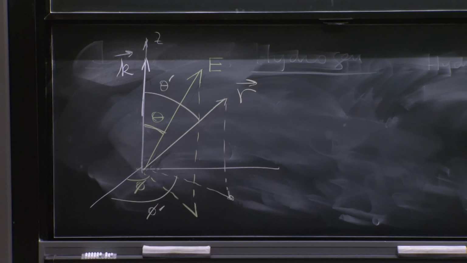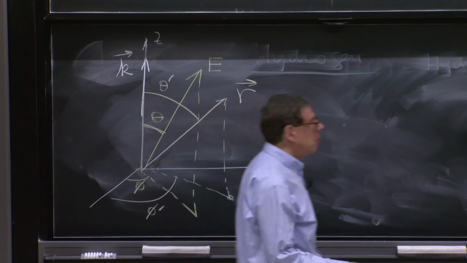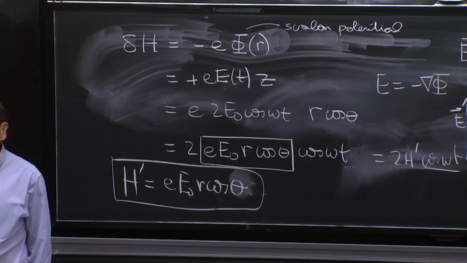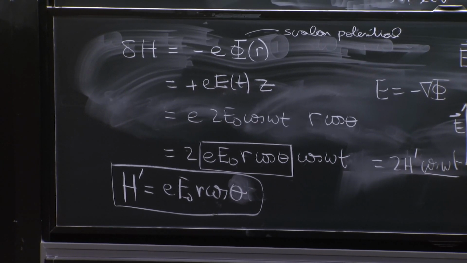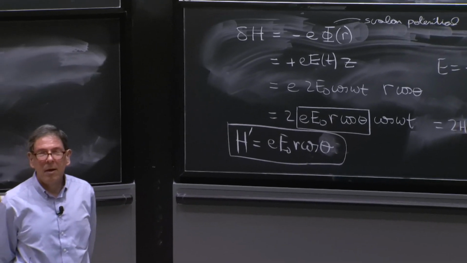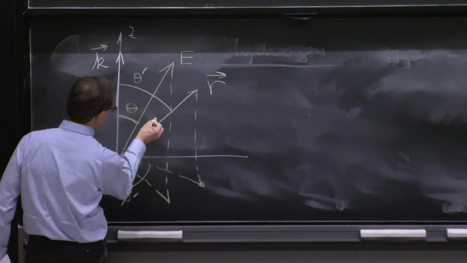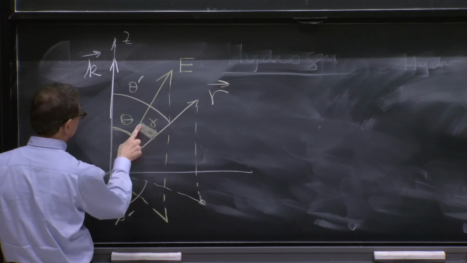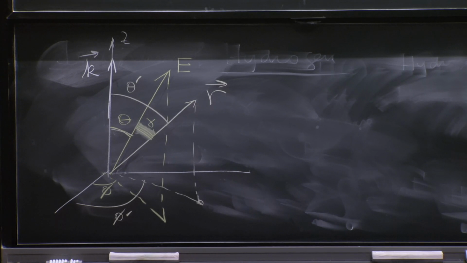Finally, we have one more angle that we have to define. So we have theta, phi, theta prime, phi prime. And the angle that was here, this was the angle between r and the direction of the electric field, and we called it theta. So we have to give it a new name, and this angle, I'll call gamma. Listen: the angle between E and r.